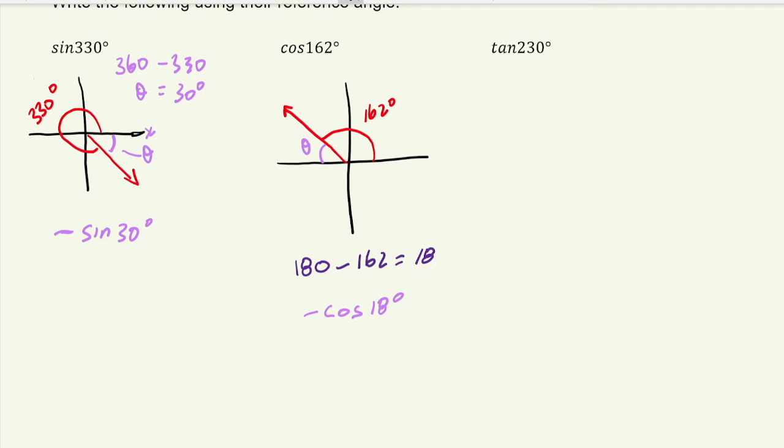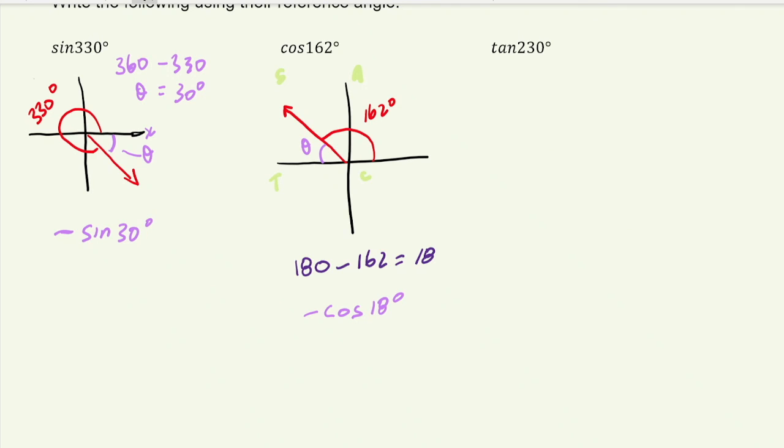Alright, so remembering our All Stations little rhyme, A, S, T, C. If it is a sine ratio that we had just done there, it would have been positive, but it's cosine, so it has to be negative.